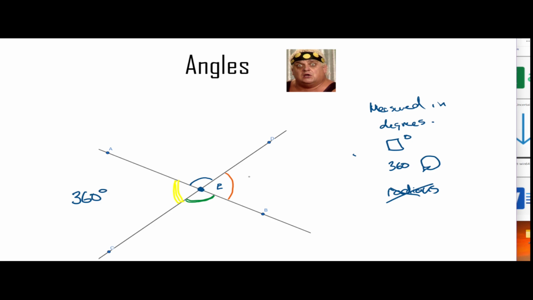Okay, so if this was 74 degrees, what would these other ones be?